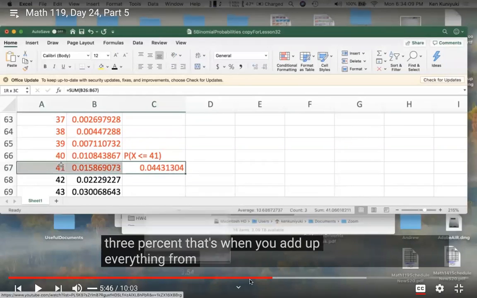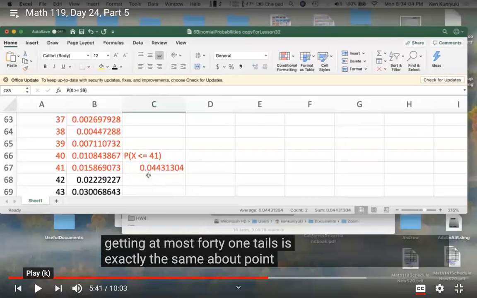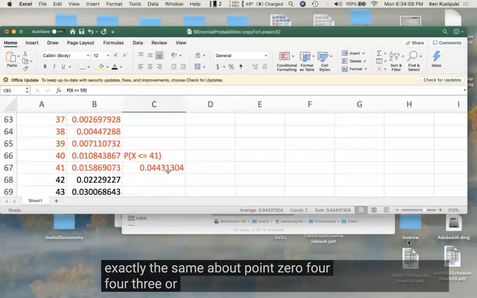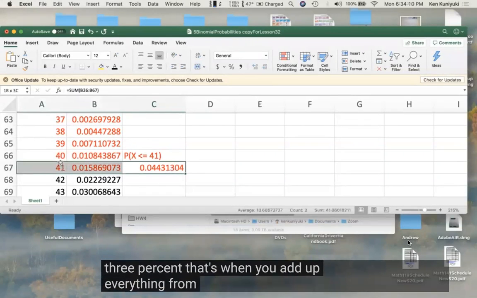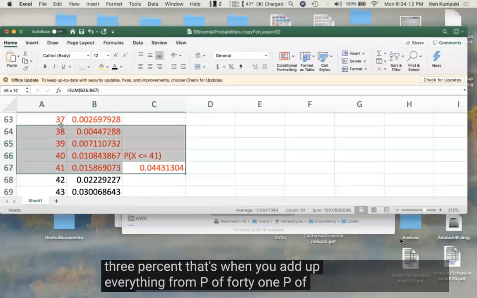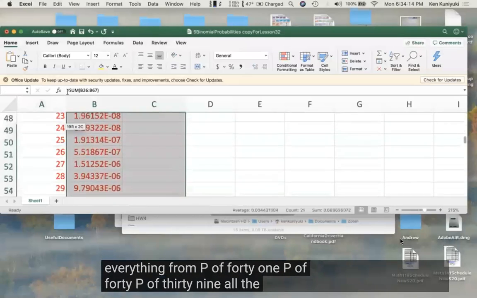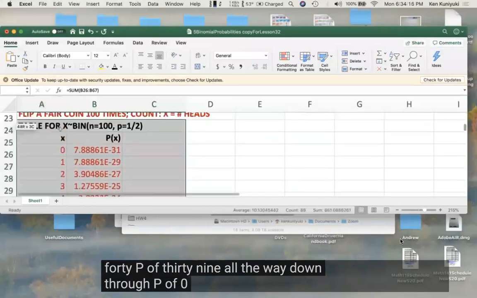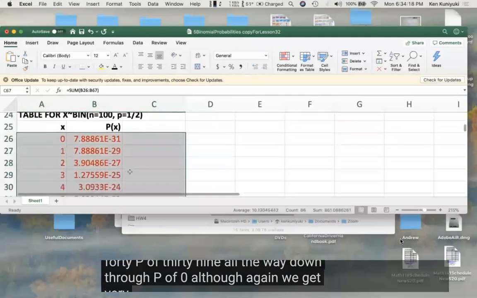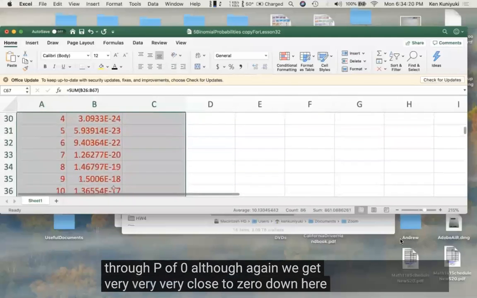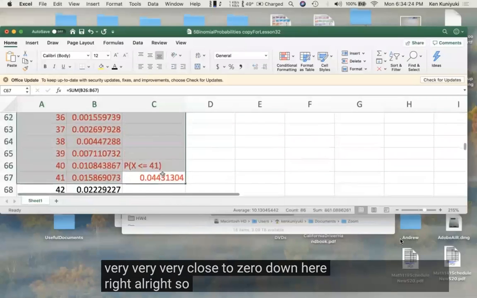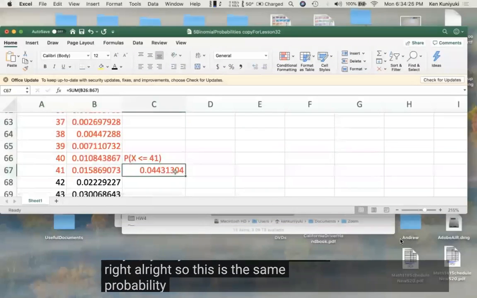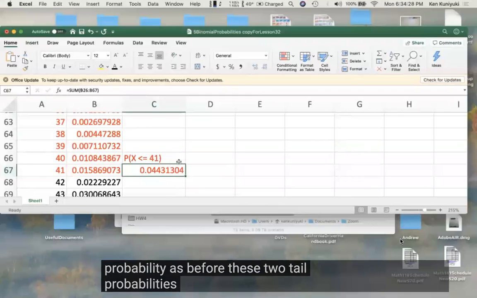That's the idea. There's symmetry. That's when you add up everything from P of 41, P of 40, P of 39, all the way down through P of 0. Although again, we get very, very close to 0 down here, right? All right, so this is the same probability as before. These two-tailed probabilities are the same.